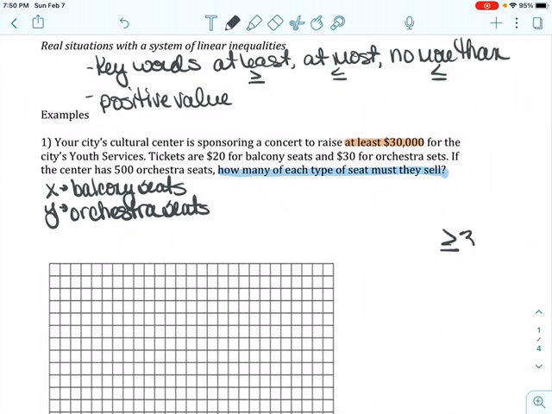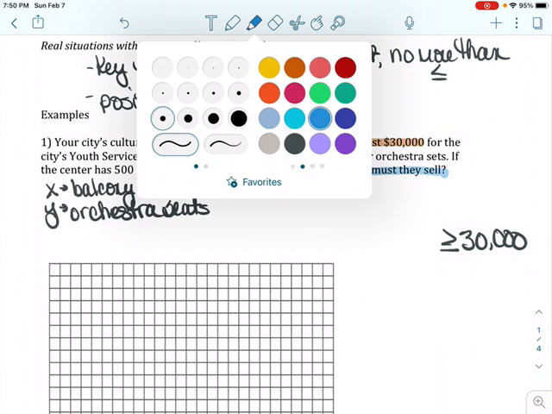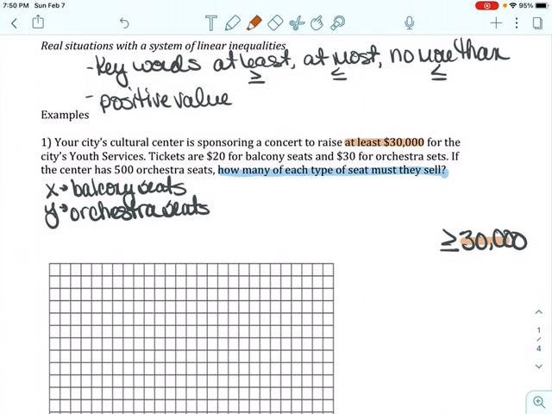So we want to put in our inequality here with the X and Y about money, because this guy here is money. So I want to put all the money together. So here's the other money. 20 for balcony, 30 for orchestra. So that's what I'm going to put in: 20x plus 30y. All right, so there's one of our inequalities.